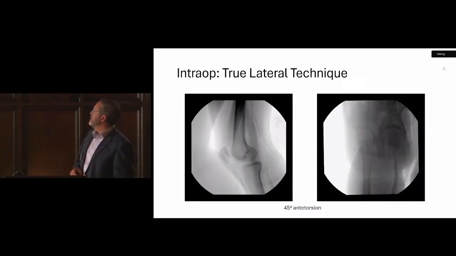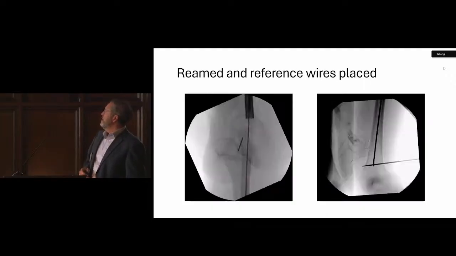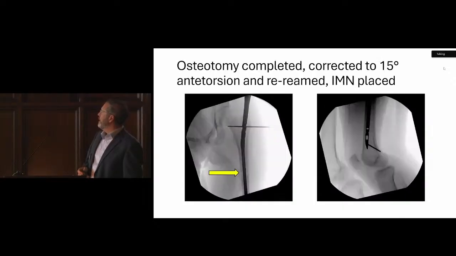And so this was the intraoperative true lateral technique. It correlated pretty well with her CT scan. So the difference was 45 degrees rollover. And then I put the reference wires in, ream, and then, if they're big enough, there's a medullary saw that you can use. For these smaller patients, she required a smaller nail, a 7mm nail.